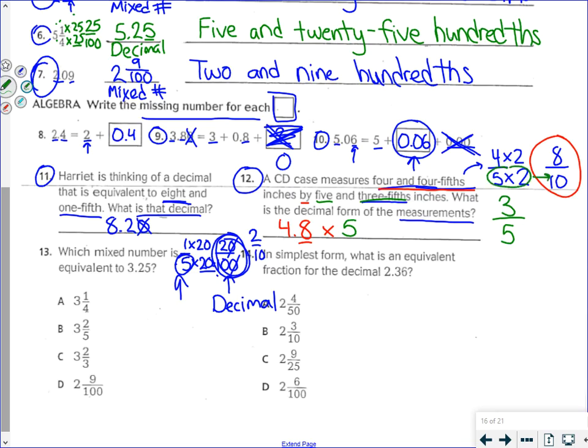So 5 times 2 is 10, because this is going to give us our tenths. Then 3 times 2, because whatever you do to the bottom, you have to do to the top. 3 times 2 is 6, 6/10, so 6 in the tenths column. So this one is good to go.